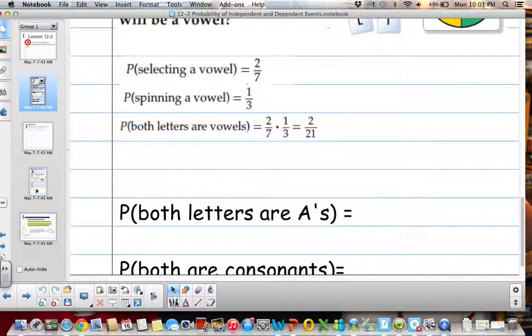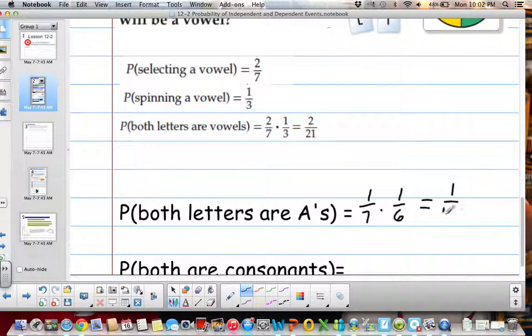So if we write this, we have 1/7 times 1/6. 1/7 is the probability of selecting an A from the letter tiles. 1/6 is the probability of spinning an A. Multiply them together, we get 1 out of 42.